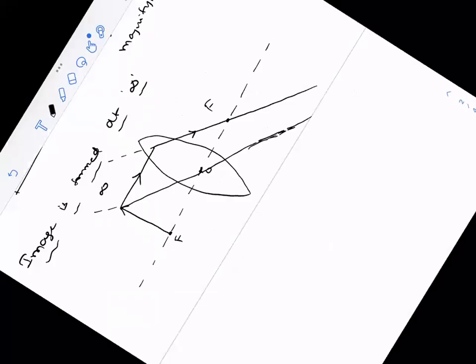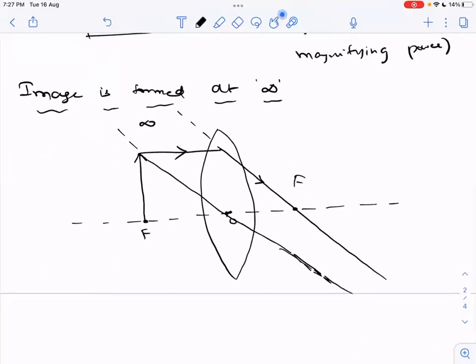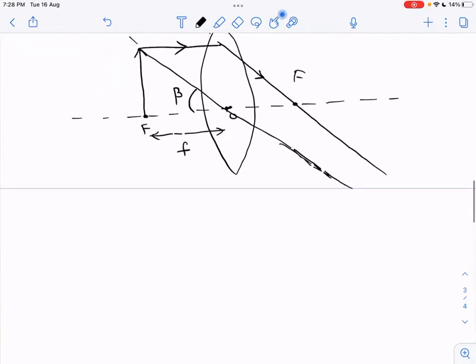So when the final image is formed at infinity, now what happens is, if you observe, this distance is smaller, right? This angle will be beta. So we already know that tan alpha is equal to h naught divided by u.